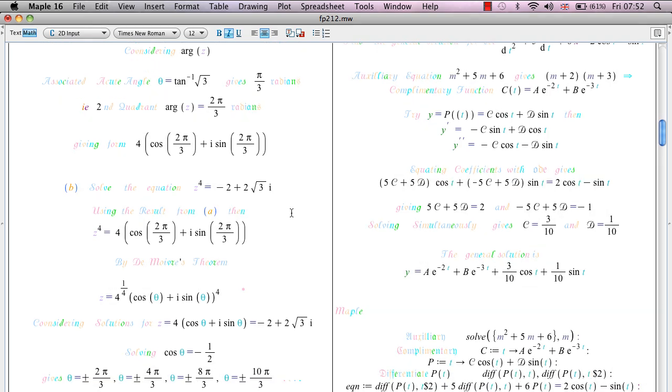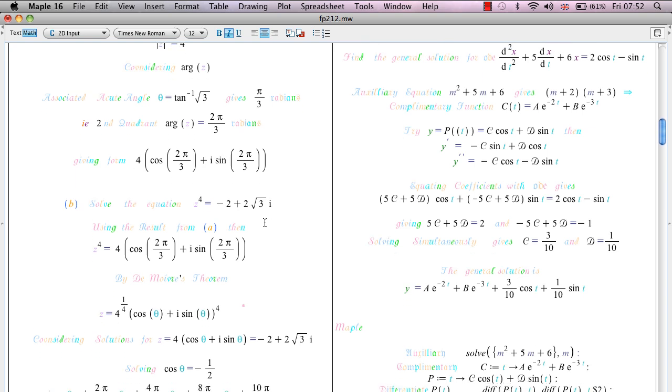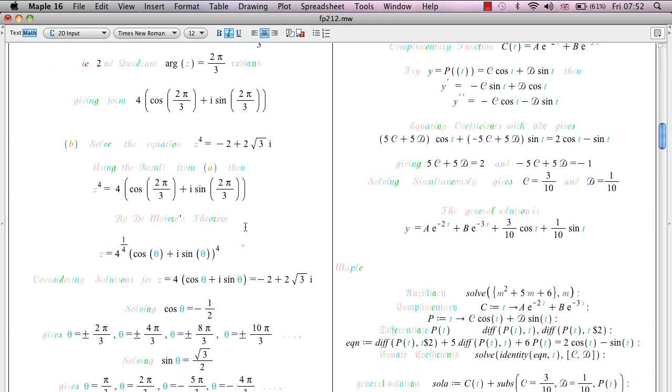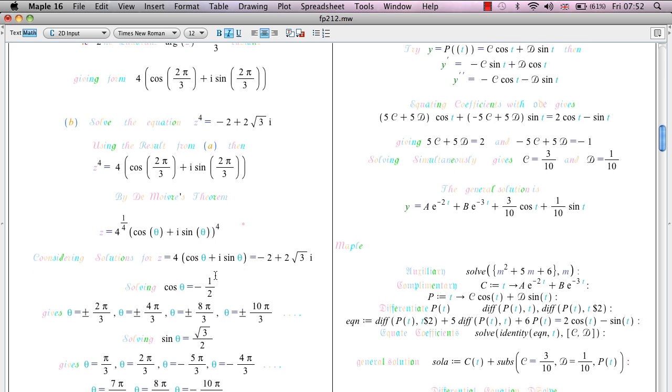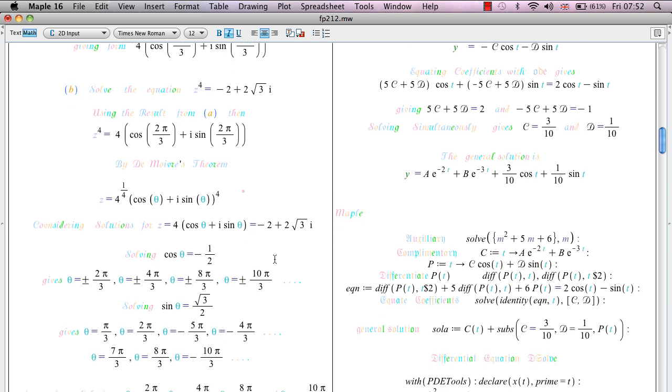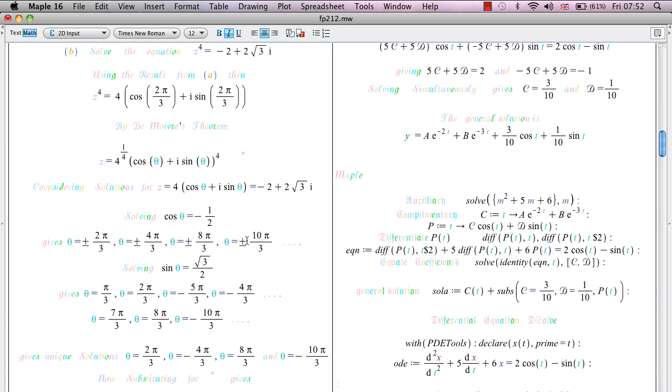So for part B, substituting the right hand side obtained in A, considering by De Moivre's theorem z to the power 4 will be z equals 4 to the power of a quarter, this expression. But considering solutions for z equals 4 cos theta plus i sin theta equals the right hand side, to satisfy this expression, cos theta will be minus a half or root 3 over 2.